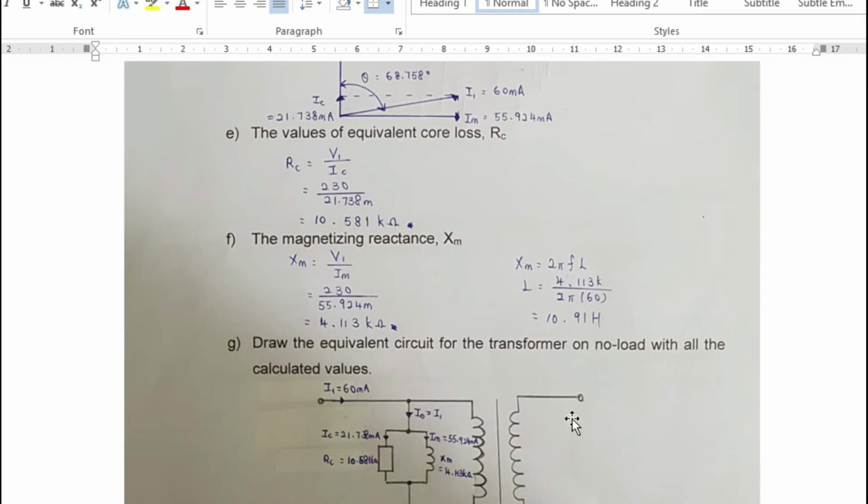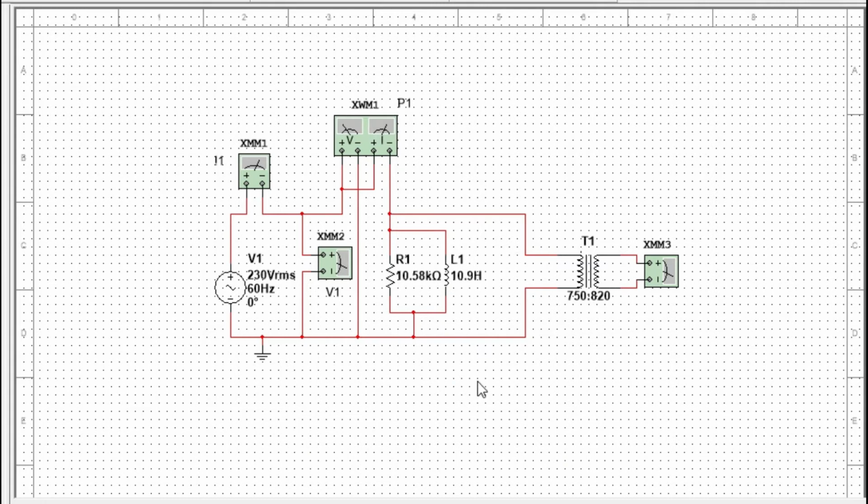and we got 10.91 Henry. Then I apply it to the circuit in Multisim. I already put in the values, 10.58 K and 10.9 Henry.